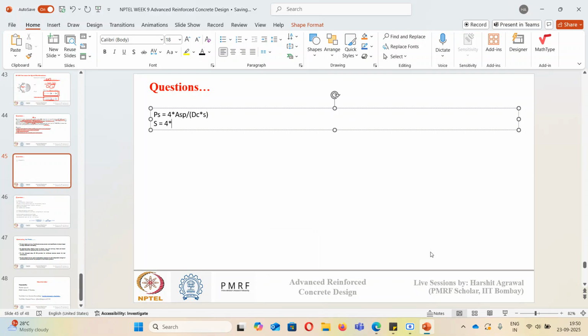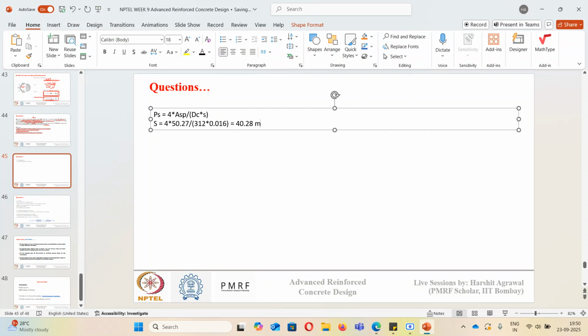It is 4 into ASP, which is 50.27, divided by DC, which is 312, into rho S. Rho S is 0.016. In this way, S will come out to be 40.28 mm.